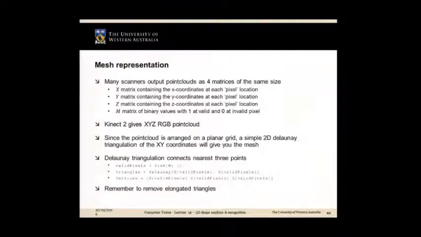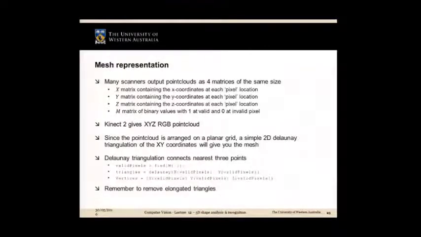Okay, so we have different sorts of scanners which capture data. While capturing data, they return you 4 different matrices. The first matrix contains X information, the other one contains the Y information, and the third contains the Z information, and then we have an M matrix, which gives you valid and invalid points.